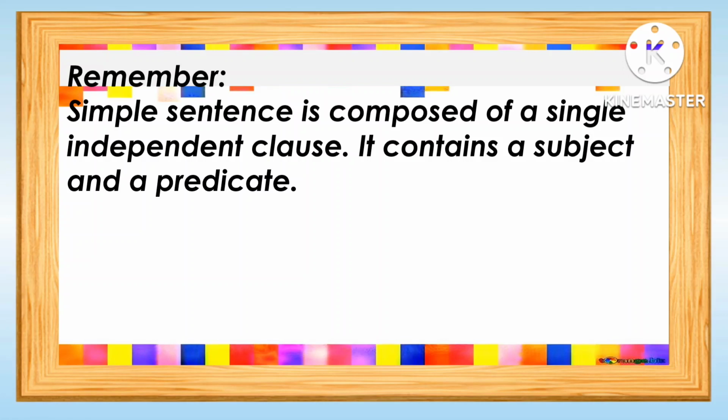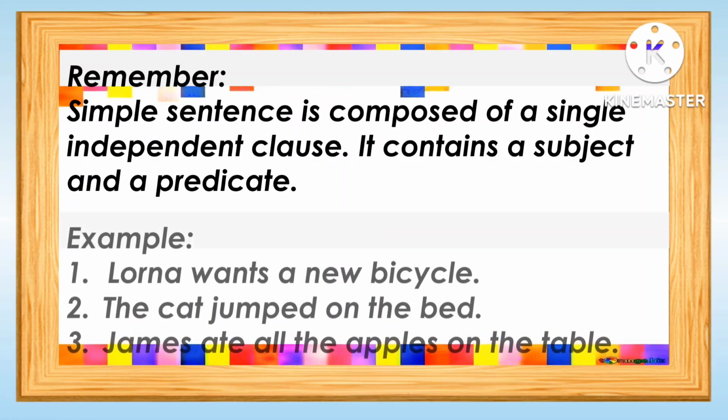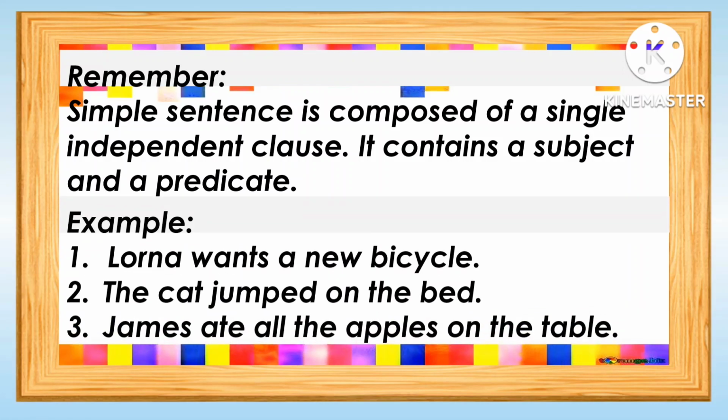It contains a subject and a predicate. Now for our examples, number 1, Lorna wants a new bicycle. Number 2, the cat jumped on the bed. And number 3, James ate all the apples on the table. Alright? Single independent clause for simple sentence.